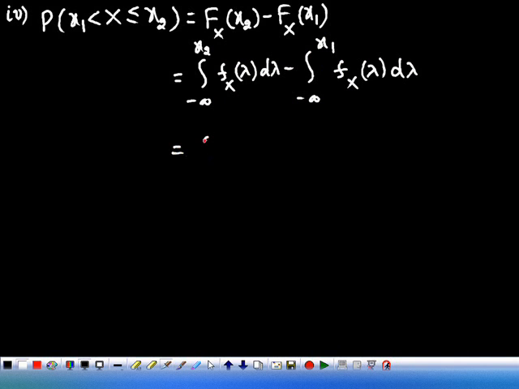And what is this value? It is the integral from x1 to x2 of fX(lambda) d lambda. So the probability of the random variable X lying in between x1 and x2 is equivalent to the integral from x1 to x2 of fX(lambda) d lambda. Is it clear to you?